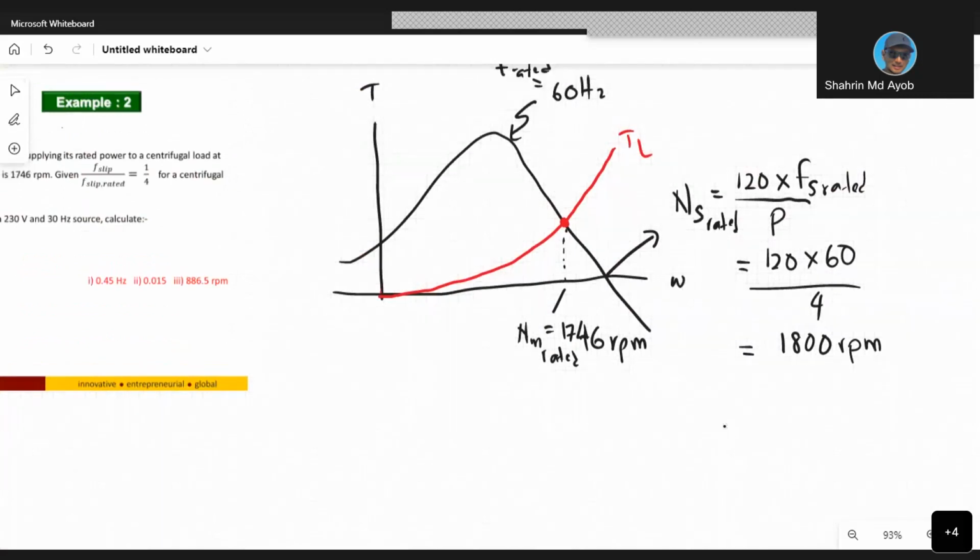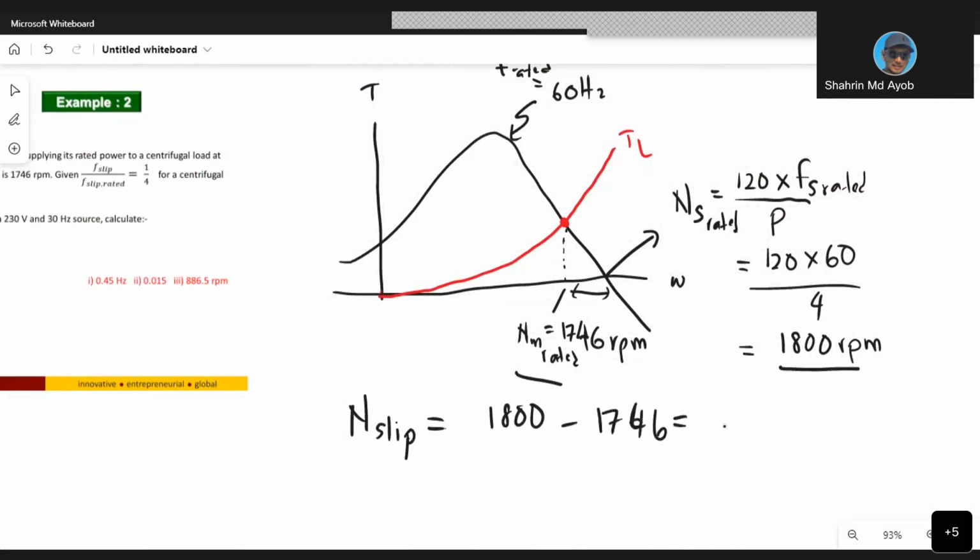Next is, you have obtained your synchronous speed, you have also obtained the motor rated speed. So from here you can calculate the slip speed, which is 1800 minus 1746.